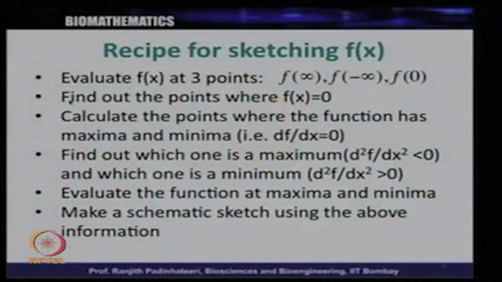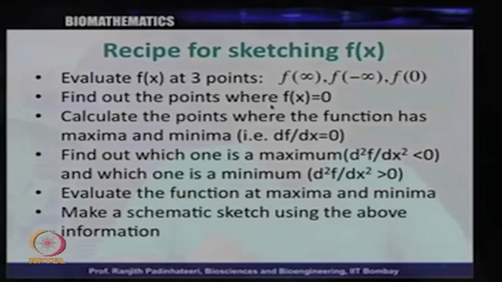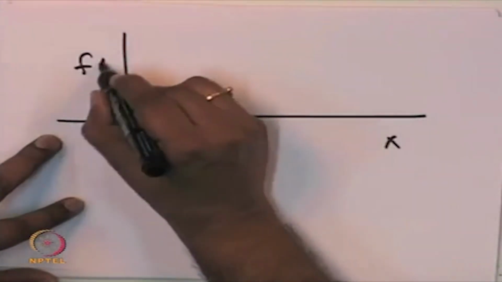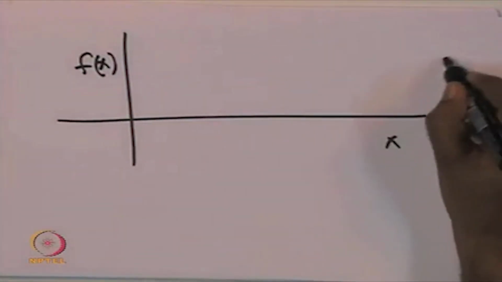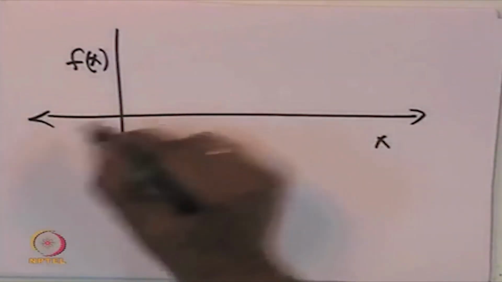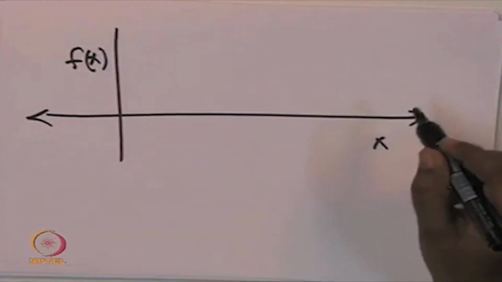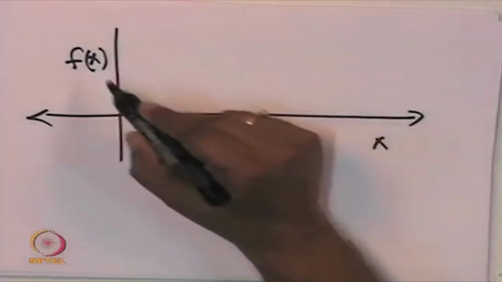Step 2 is to find out the points where f of x equal to 0. So, let us say you have any function. This is x and this is f of x or y. First we find out, as we go to infinities, what is the value of f of x, and then second we find out for what value of x this f of x will be 0.